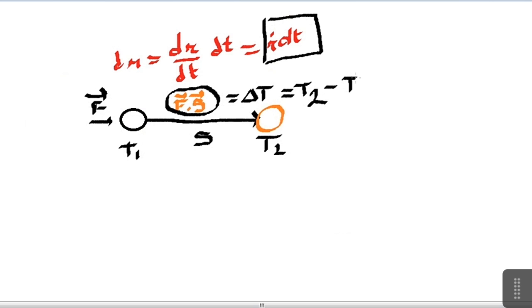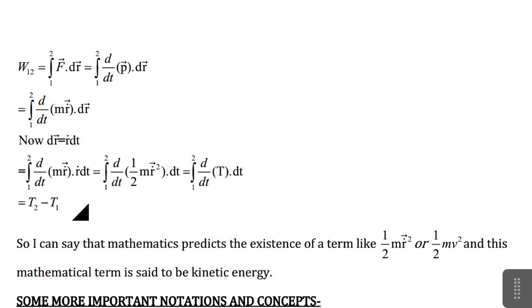Most of the time when you take physics problems, you assume the object is at rest. If you assume the object is at rest, then T1 can go to 0. So what is the kinetic energy term?